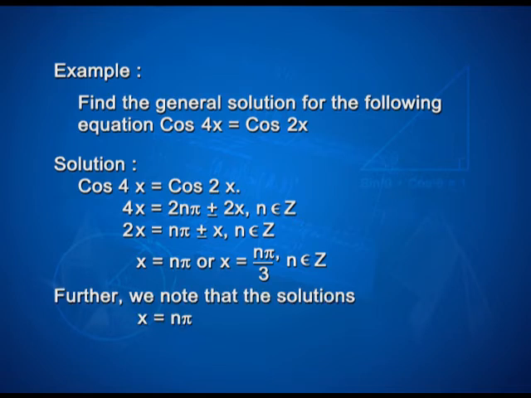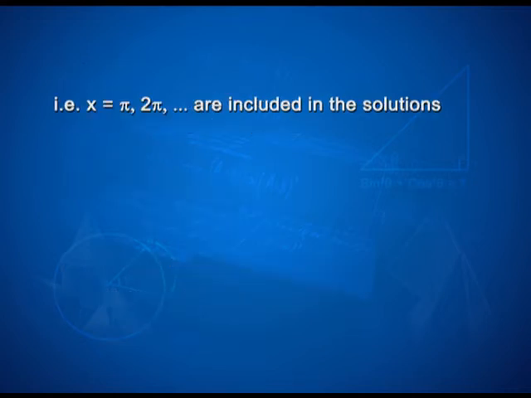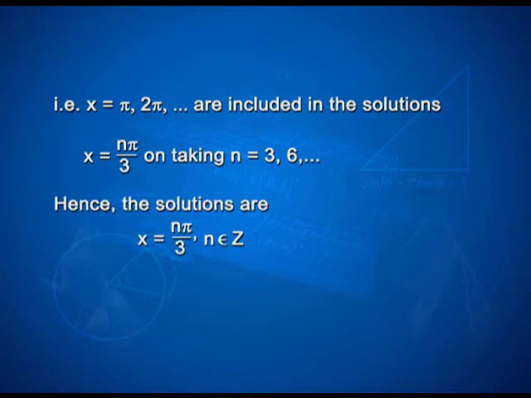Further, we note that the solutions x is equal to n pi, that is x is equal to pi, 2 pi etc. are included in the solutions x is equal to n pi upon 3 on taking n is equal to 3, 6 and so on. Hence, the solutions are x is equal to n pi upon 3, where n belongs to z.